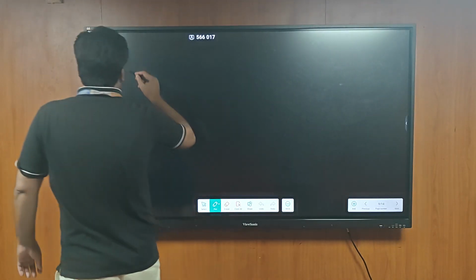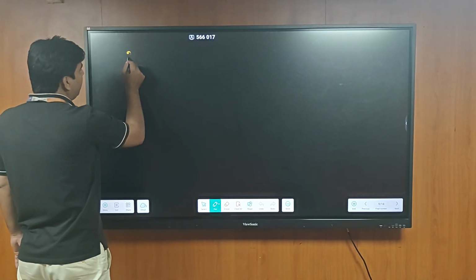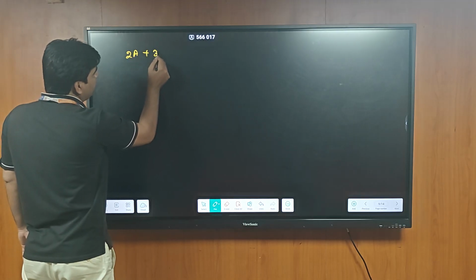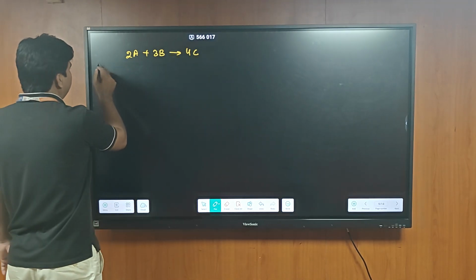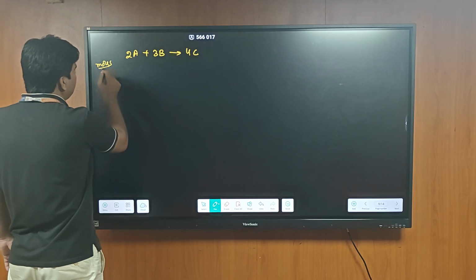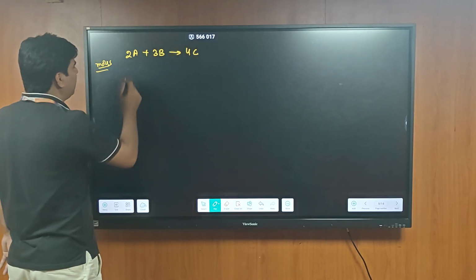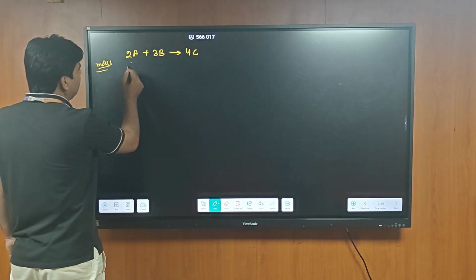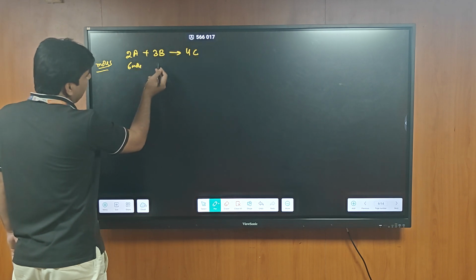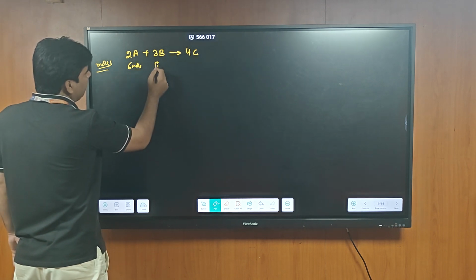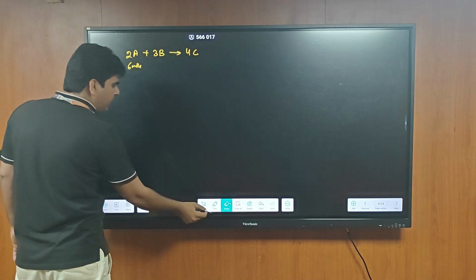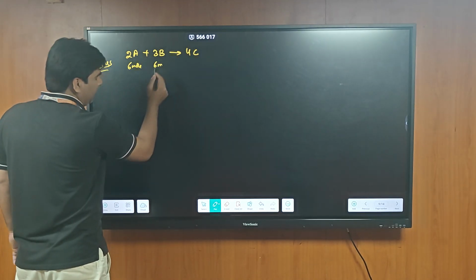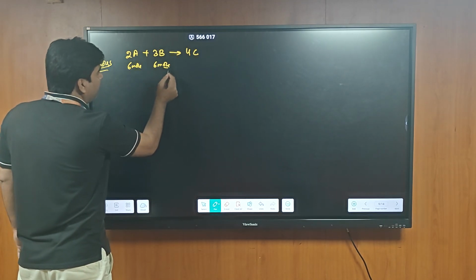Like there is the equation 2A plus 3B giving 4C, and moles are given. Let's consider 6 moles of A and 8 moles of B, and C is also 6 moles.